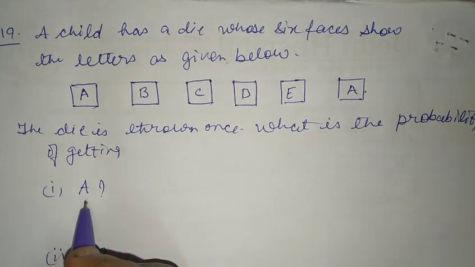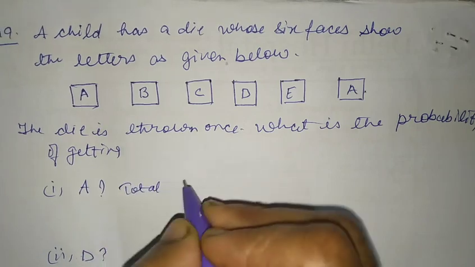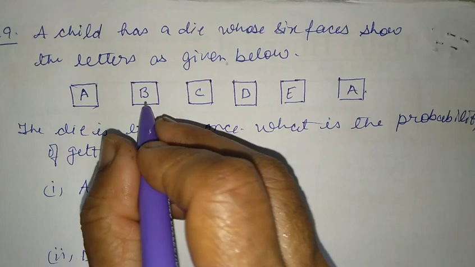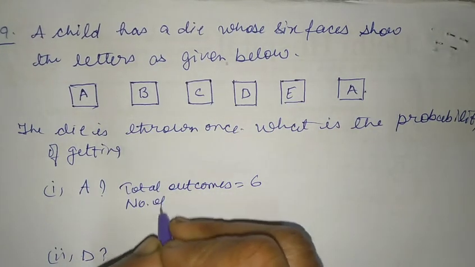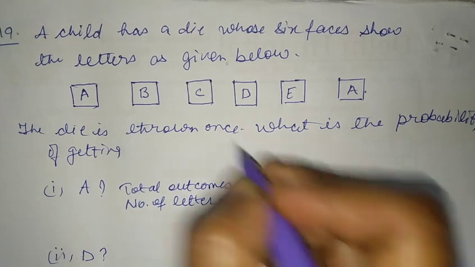So first of all, let us write down the total outcomes. The total outcomes here is 6. 1, 2, 3, 4, 5, 6. So the number of letter A we have here is 2.